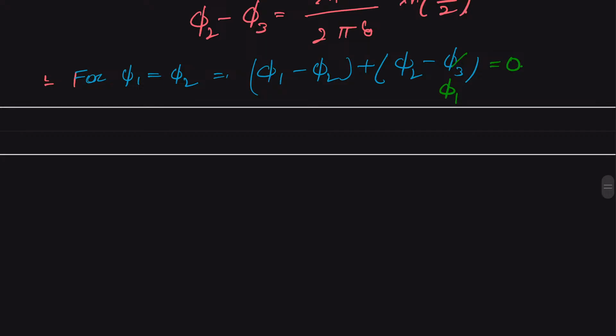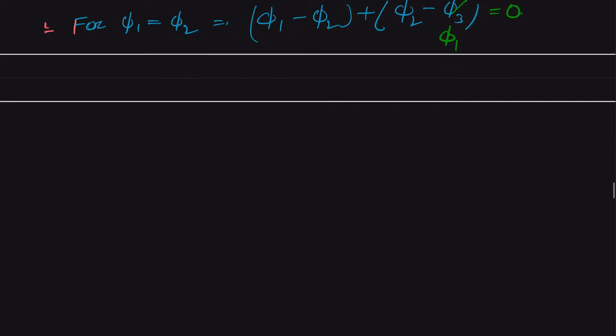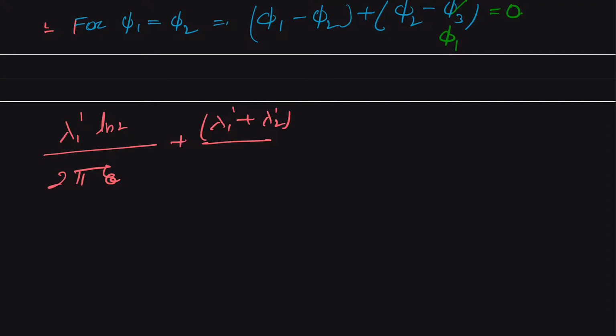Now we substitute their respective differences. So we get lambda 1 prime natural log of 2 divided by 2 pi epsilon naught plus lambda 1 prime plus lambda 2 prime over 2 pi epsilon naught natural log of 3 by 2 is equal to 0.